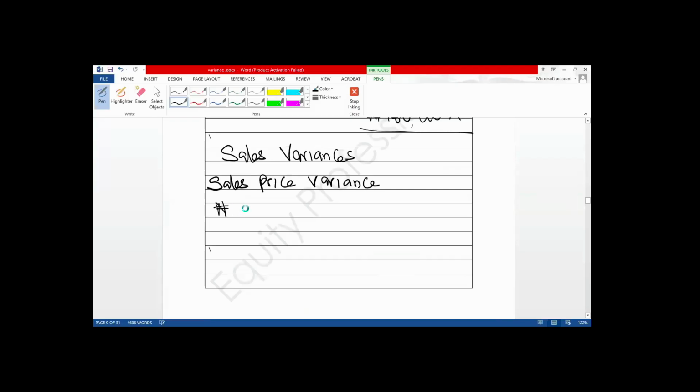Actual selling price, 5,350, minus standard selling price, 5,200.